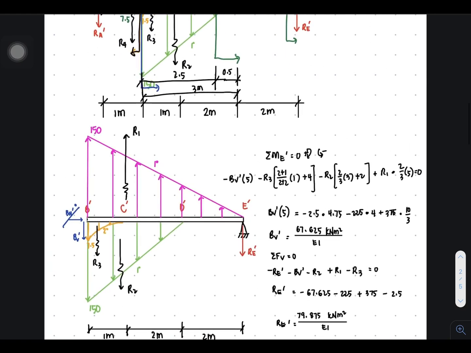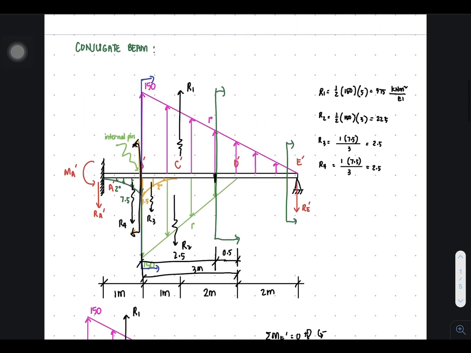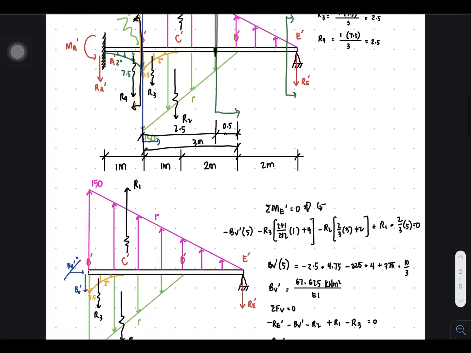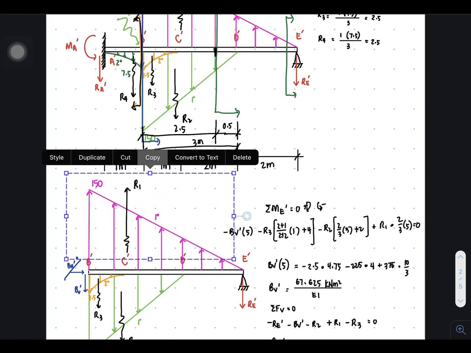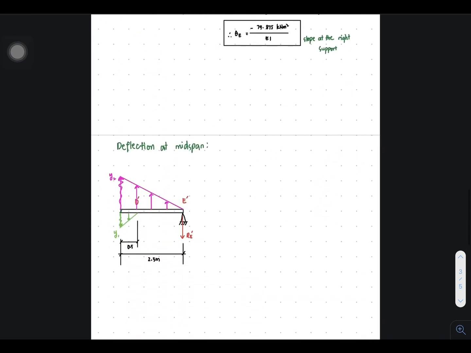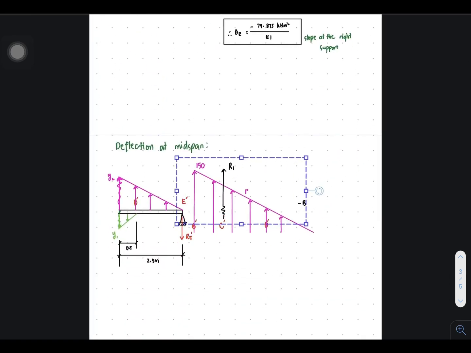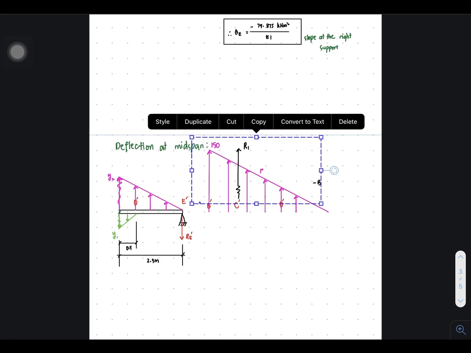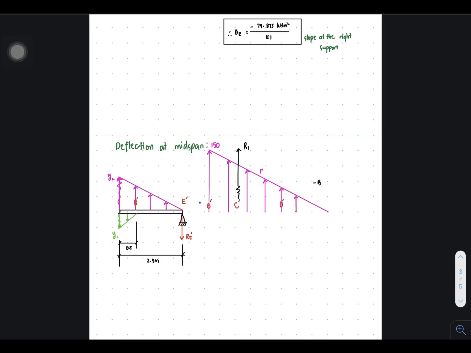So what we're going to do is copy this portion here. This is what we are going to do. It's ratio and proportion. So I'll just erase this.